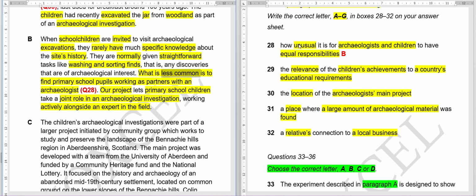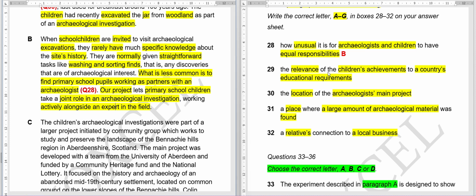Less common basically means unusual, equal responsibilities, working as partners. So they have equal responsibilities. If somebody is your partner, you will have equal responsibilities. They may vary. For example, you will have A department to look after, and that person may have B department to look after, but the responsibilities will be equal. I hope it is clear.